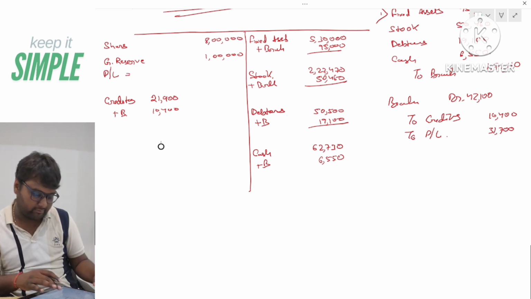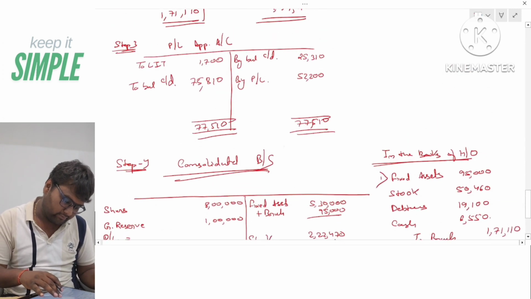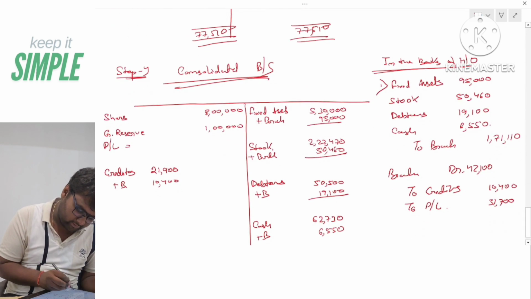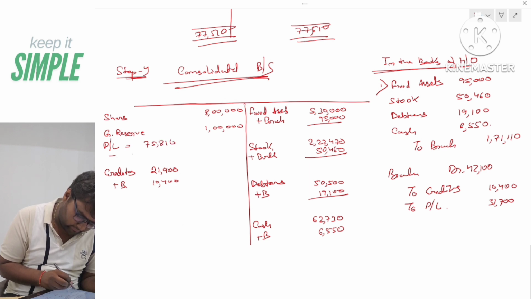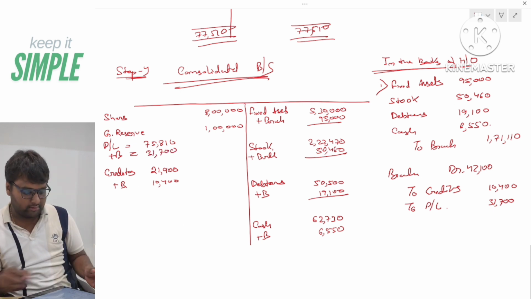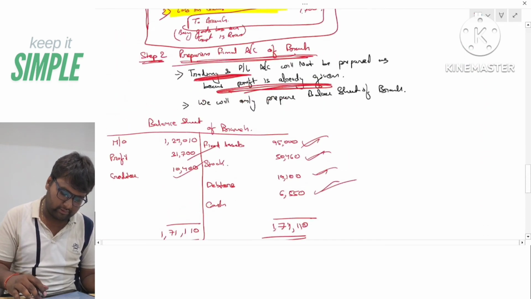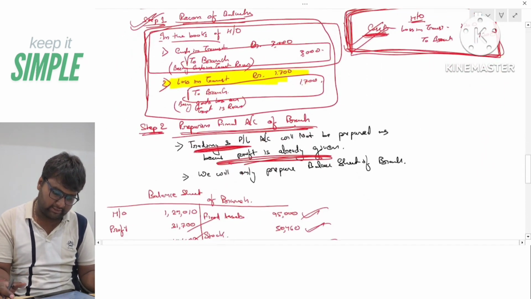Acha, we have not written profit and loss of our head office, which will be 75,810, and for branch 31,700. Okay, done.